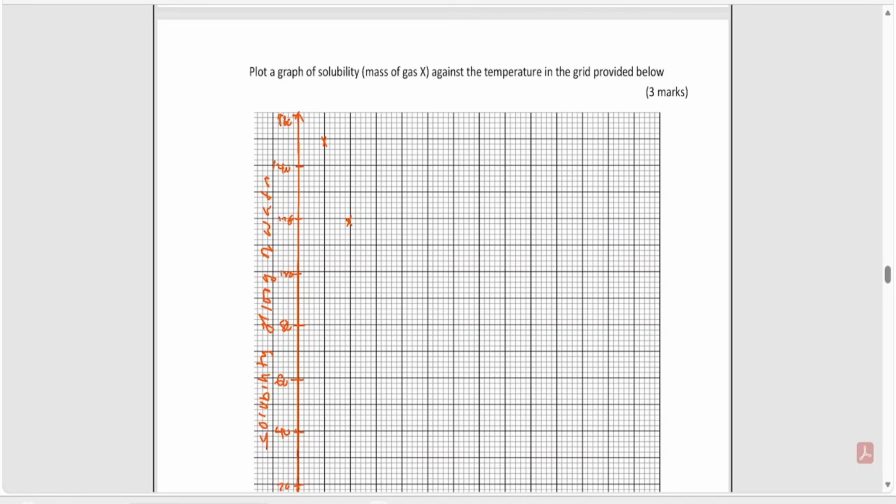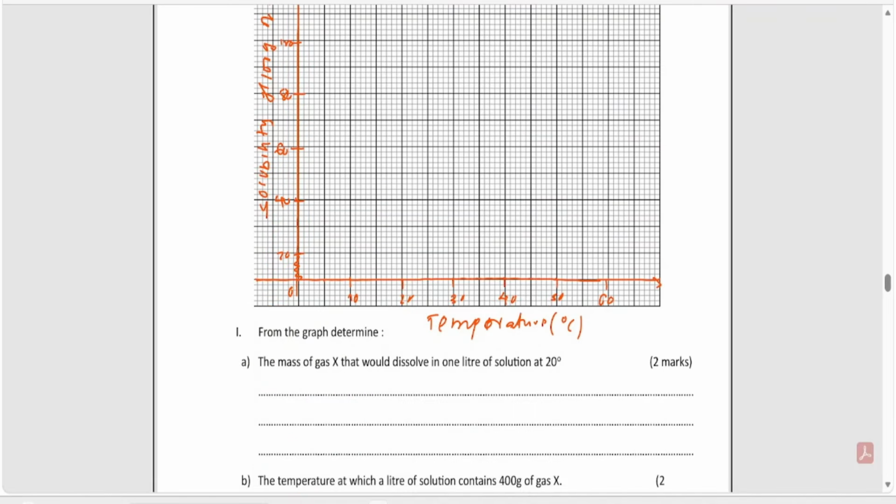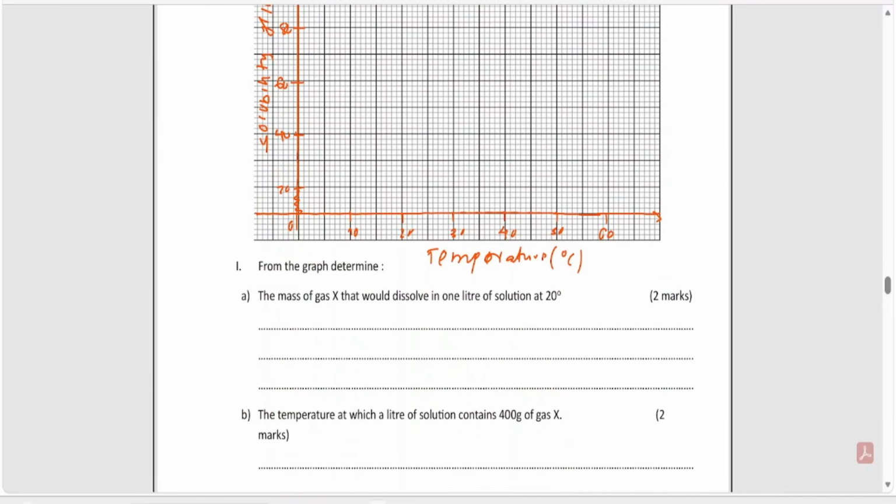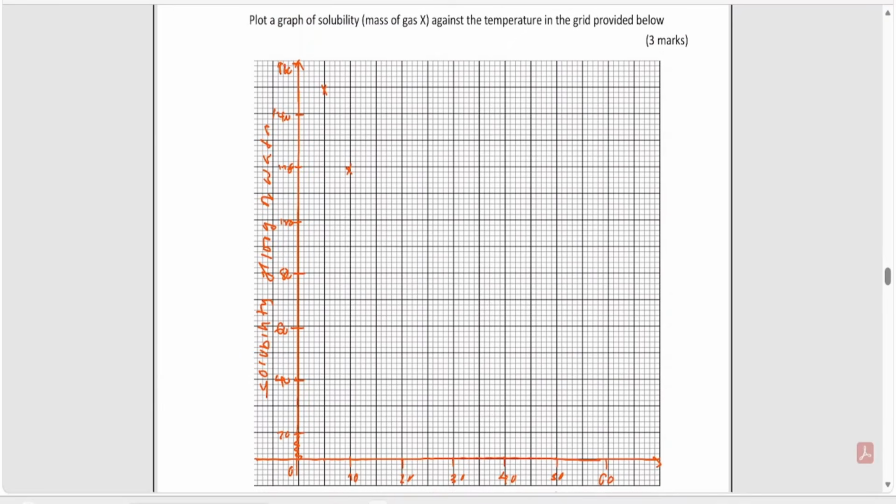Then we have 20, 75. That's 60, 70, 75 is going to be two small squares above 70.